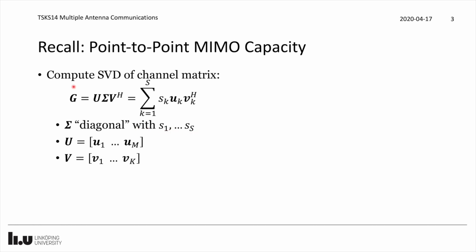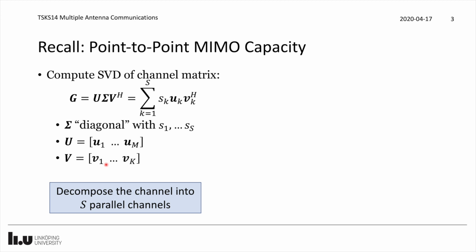Using this notation, we can also write the channel matrix G as a summation over the capital S different singular values that are all non-zero. For each one, we have the singular value, one of the columns in U and one of the columns in V. And this is how we are decomposing our channel into S parallel channels, each being represented by one of the different terms in the summation here.